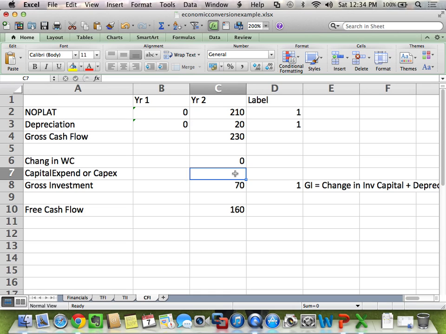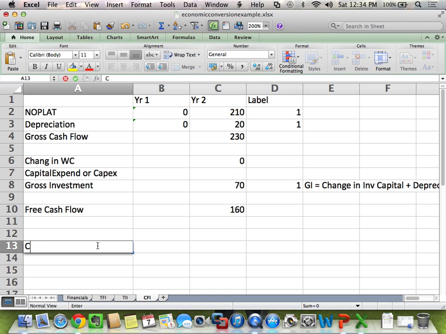Capex equals current net PP&E for this year minus PP&E last year plus depreciation.